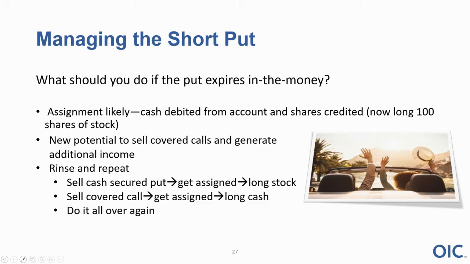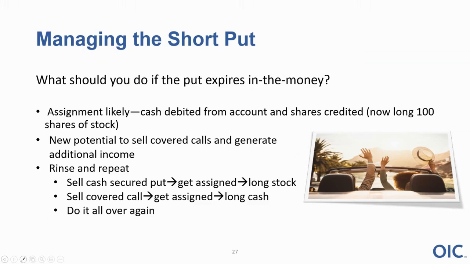If the covered calls expire worthless, we just keep selling another call, generating additional income that way. If we get assigned on our covered call, now we sell those shares, we're long cash, and we simply rinse and repeat. With that cash, we do another cash secured put. If we get assigned, we have long stock. Now we sell a covered call against it, and we do it again and again and again.